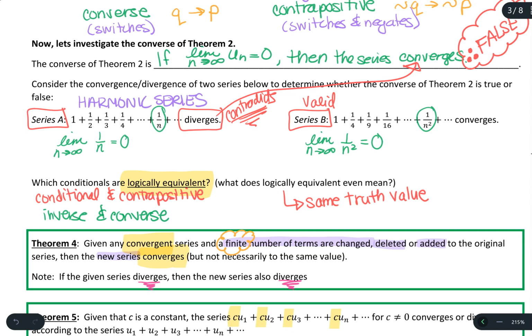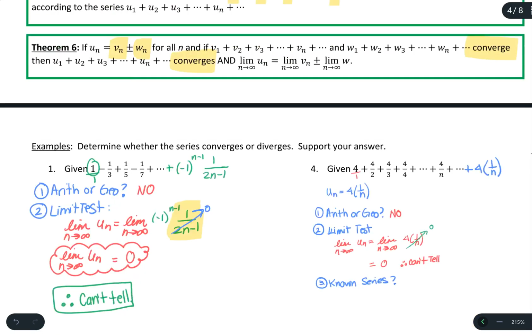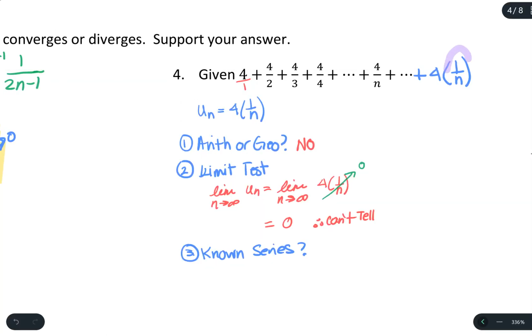And that's exactly what we have in example number 4. So thinking about this harmonic series, the u sub n value is 1 over n. Okay, so let's go back to number 4. We can see that it's 4 times 1 over n. So is it a known series?